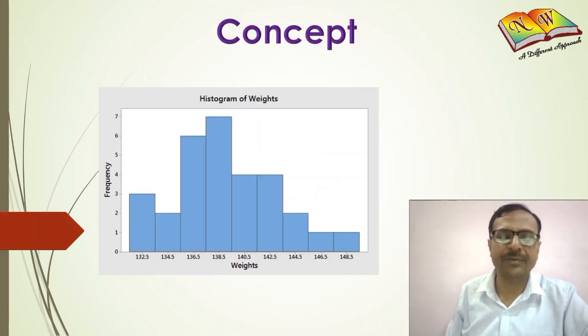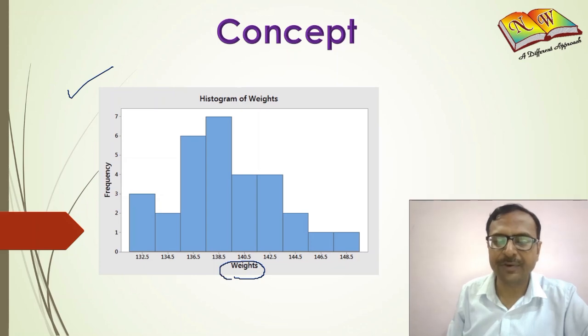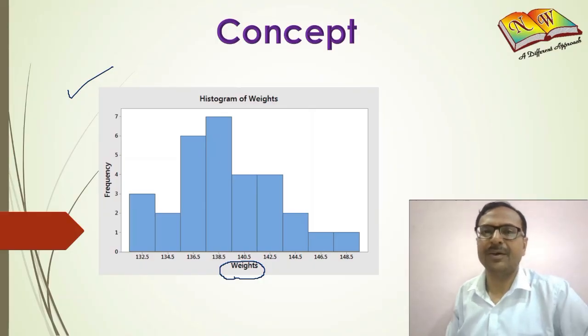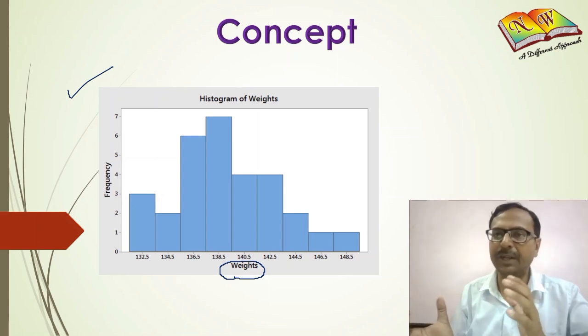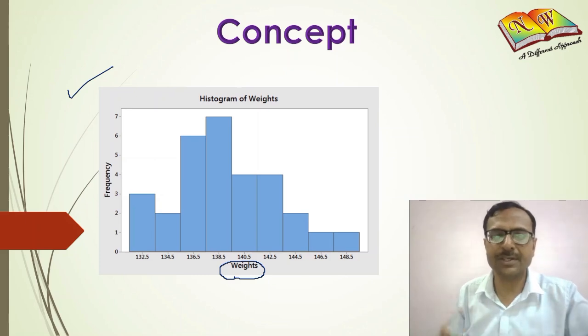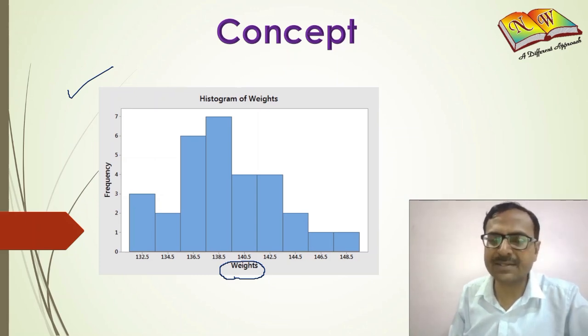For that, we have taken a histogram here which represents the weights of different students. When their weights were measured and recorded, we obtained some data and we tried to plot them using a histogram. So the weights are represented on the x-axis here, and the frequency, that is the number of students, are represented on the y-axis.